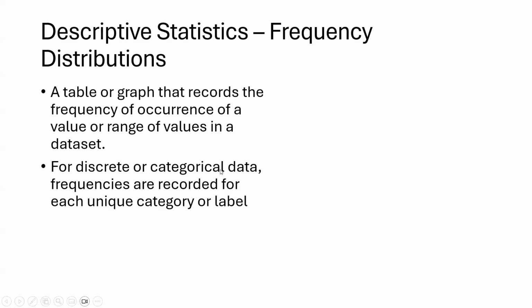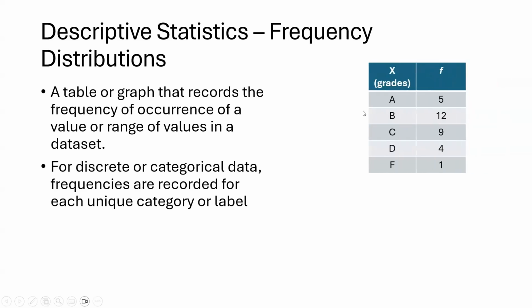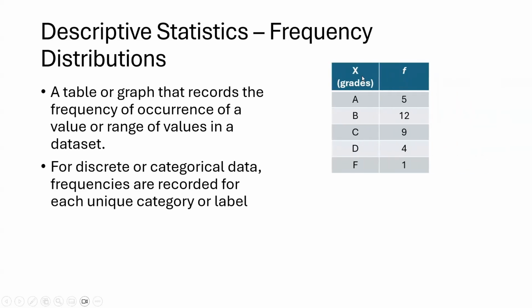For discrete or categorical data, frequencies are recorded for each unique category or label, such as in this case. So if we have the grades of students recorded in a data set, we can pick the unique categories or labels in this case, which are A, B, C, D, F. So for this, the data would have been a collection of values A, B, C, however many.